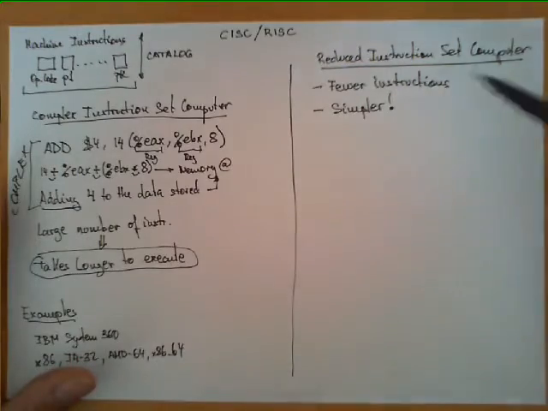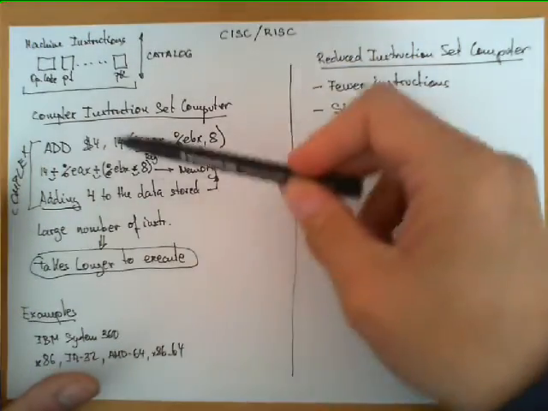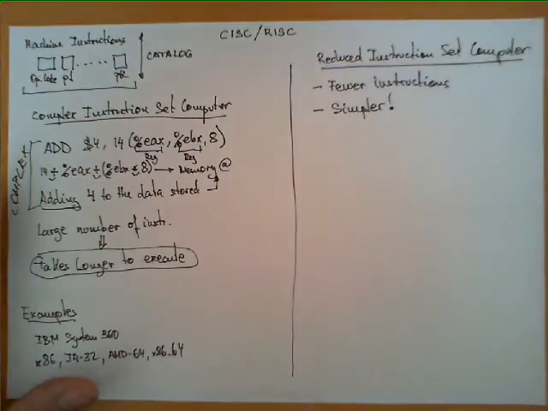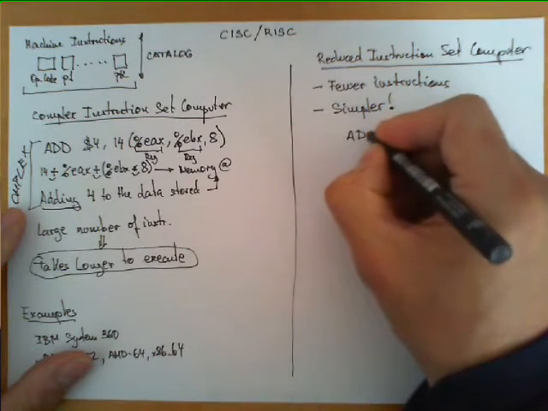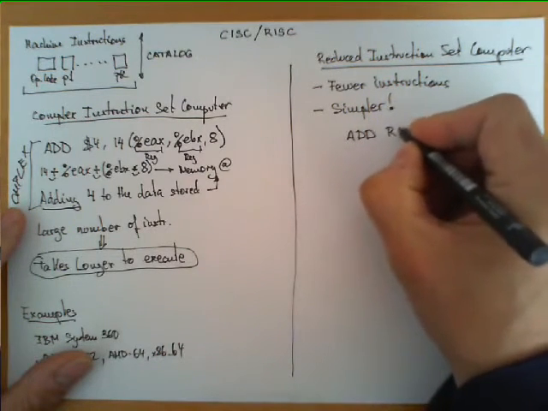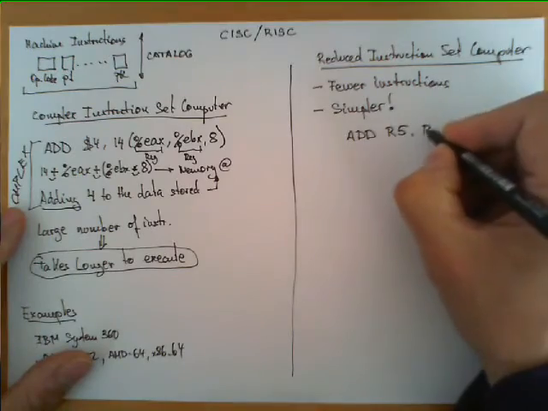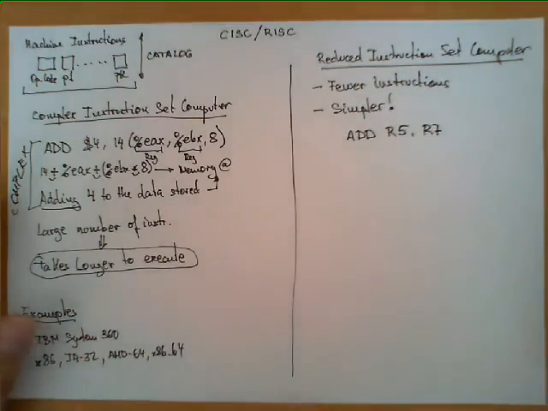So rather than going for a large catalog of complex instructions, the reduced instruction set computers propose using a much reduced set of instructions, and therefore each one of them performs much simpler operations. Now, let me give you an example of the type of operations that would be carried out by a RISC computer. This would be an example.